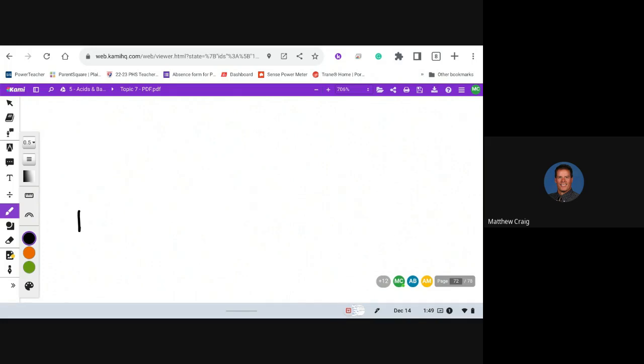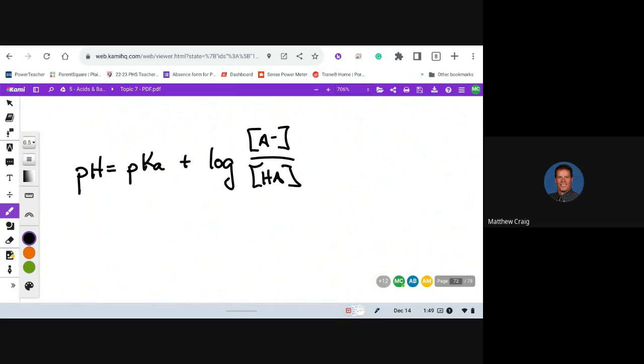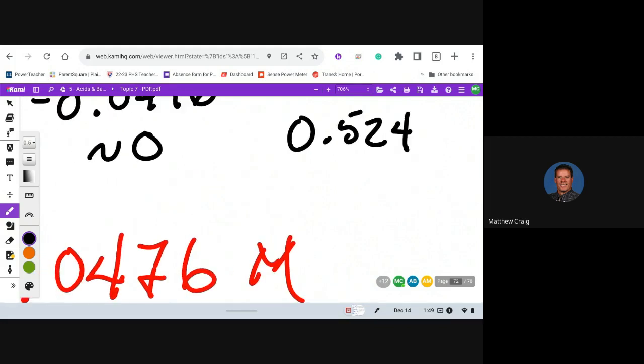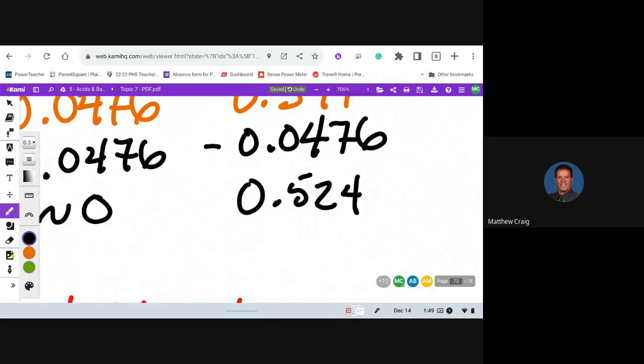So pH is equal to pKa plus the log of the anion over the HA. So pH is equal to negative log of 1.8 times 10 to the negative 4 plus log of, who is who here? So 0.52 is my anion.